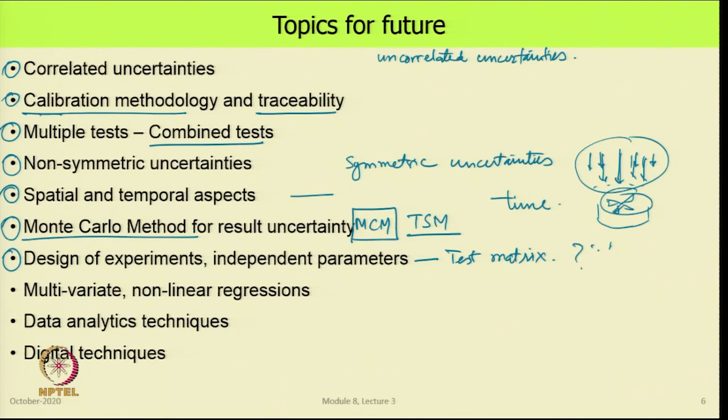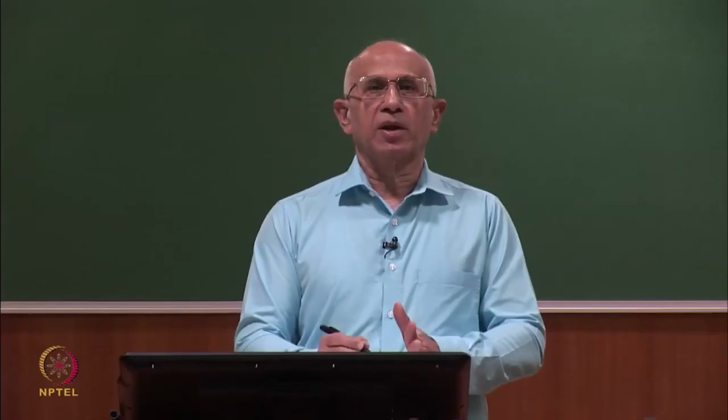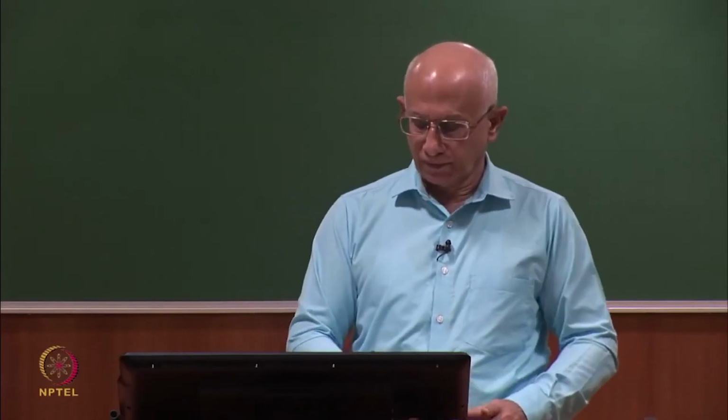So, what is the science behind it? Some of that came out in our later discussions, but that was very cursory. Design of experiments as a field by itself gives you a lot more insights into how you can do just the right number of experiments, not too few, not too many, and yet learn everything that you wanted to learn.